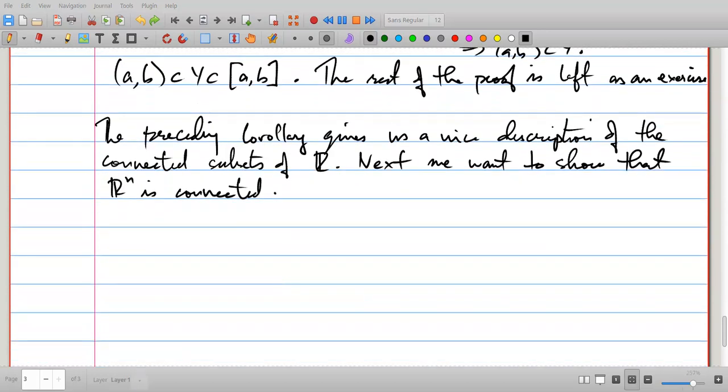Okay, so there's an easy way to see this, which is left as an exercise.